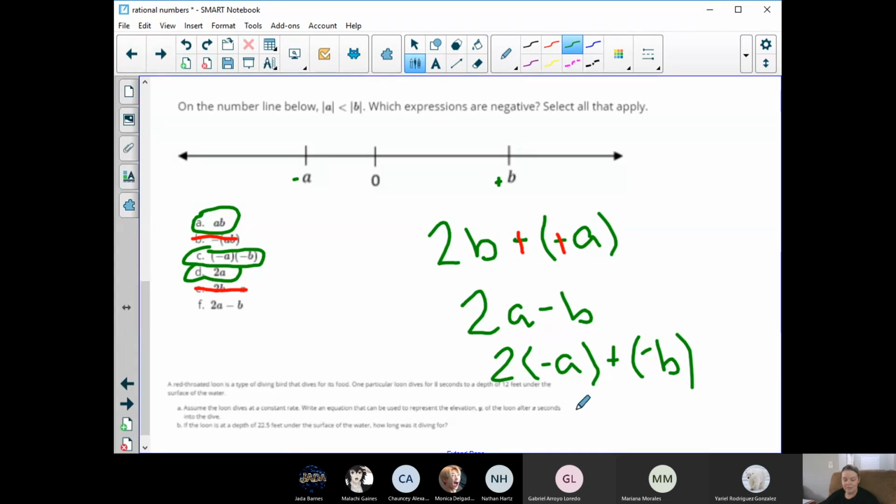So 2 times negative A would be a negative, plus more negative would be, right, negative. Any questions about these? No. All right.